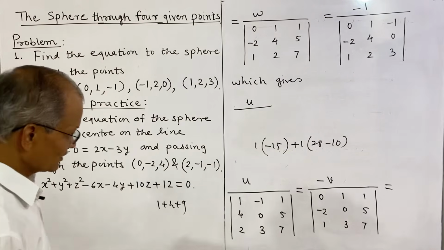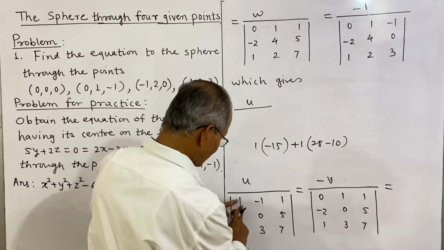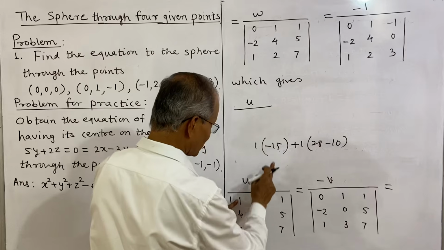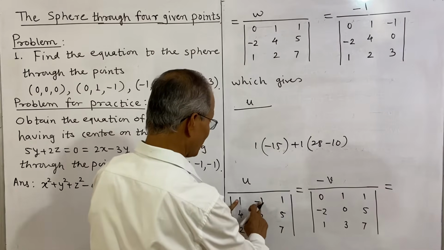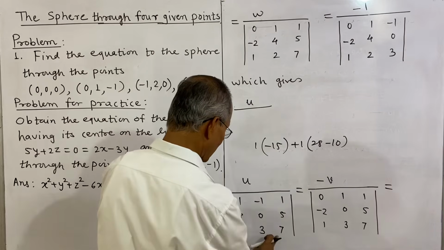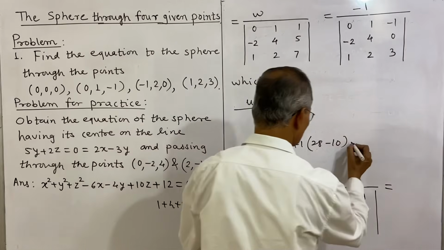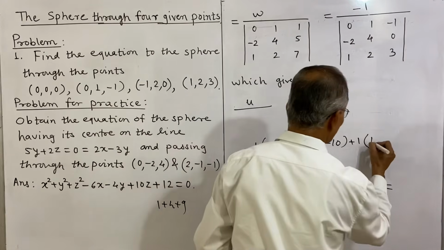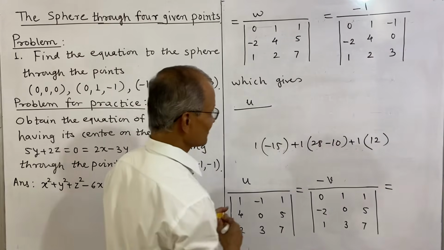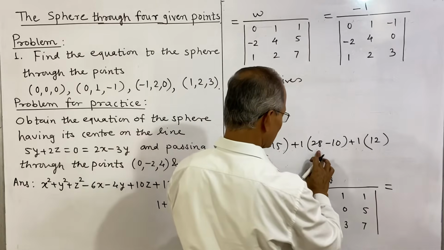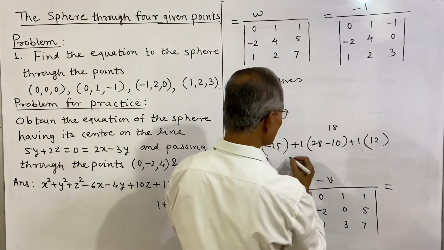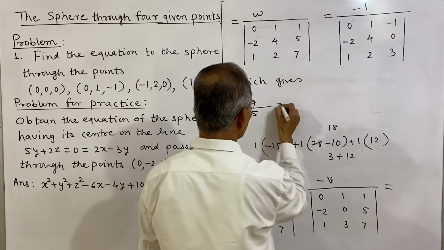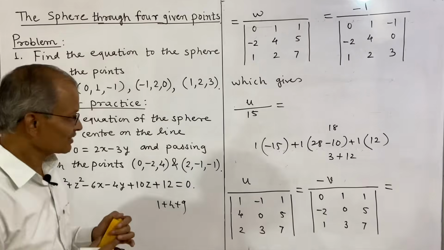We will verify this. It is 1 into brackets 0 minus 15, that is minus 15, and then minus 1 becomes plus 1, that is 28 minus 10, and one more is remaining, plus 1 in bracket, that is 12 minus 0, which is 12. So what is the final number? This is minus 15, this is 18. 18 minus 15 is 3, and plus 12 is 15. U divided by 15. You should check these calculations.